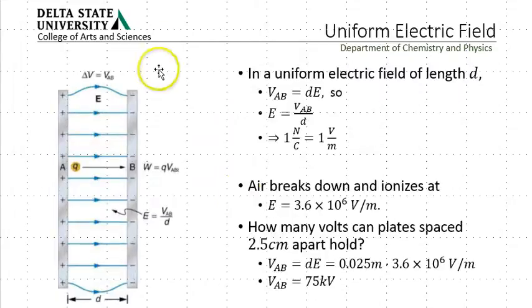All right, if we now look at a uniform electric field, then V from A to B is just the distance D times the electric field. We go through a distance D, we've got an electric field, and VAB, V from A to B, is just D times E. That's the work done per unit charge.